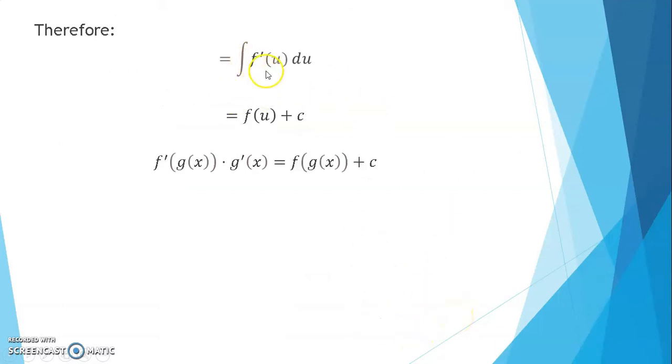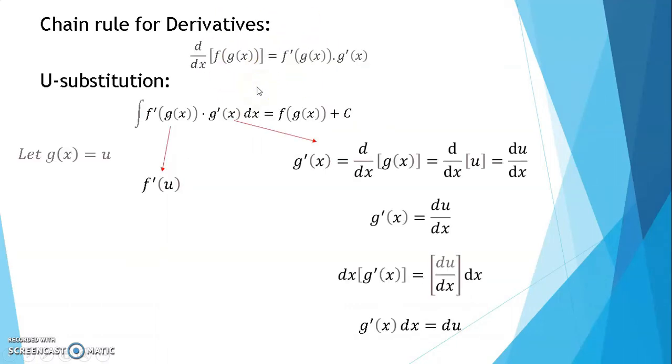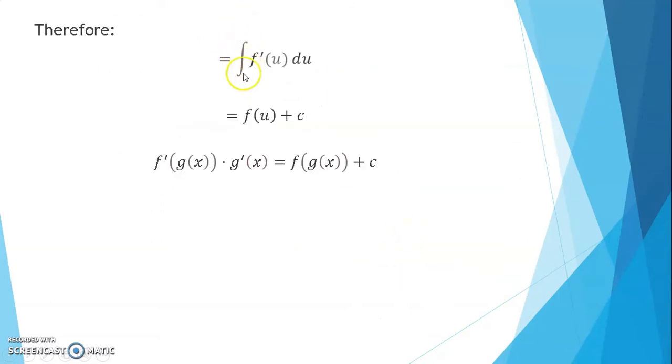So we substitute f prime u and du. We get the integral of f prime u du, which gives f(u) plus c. So that's how we get f(g(x)) plus c.